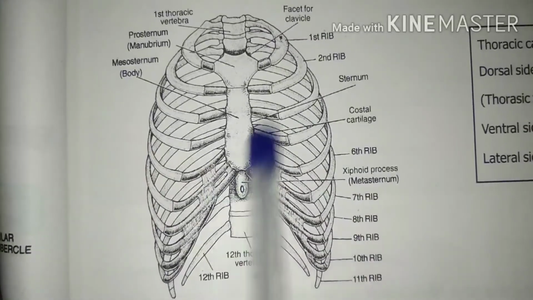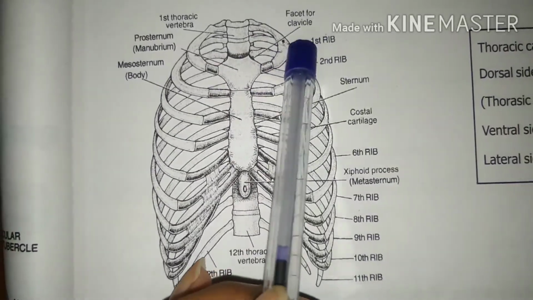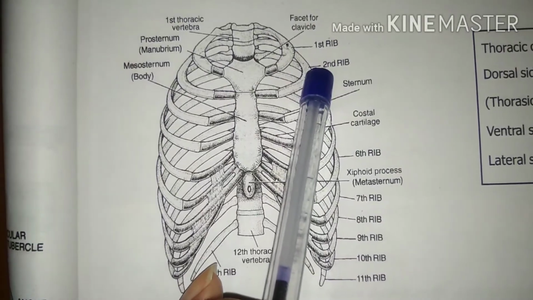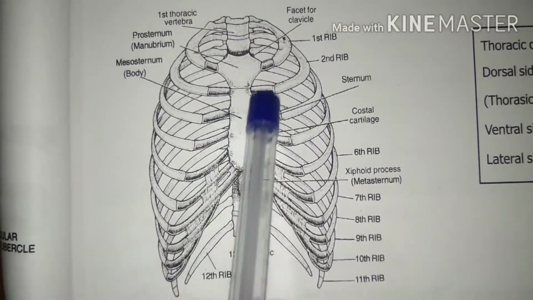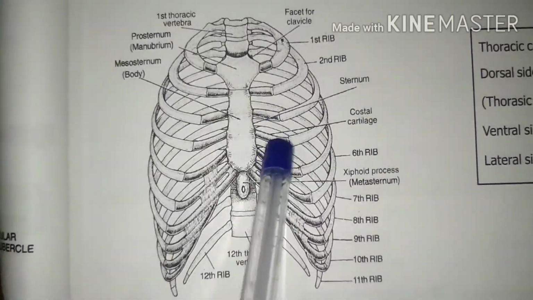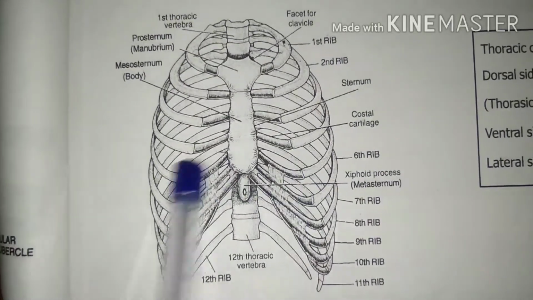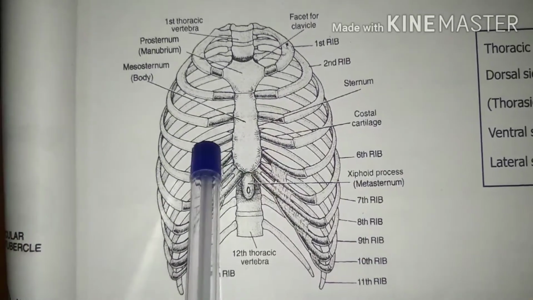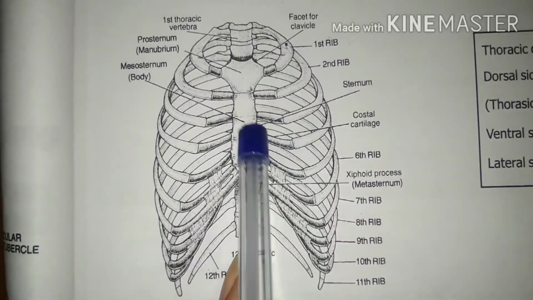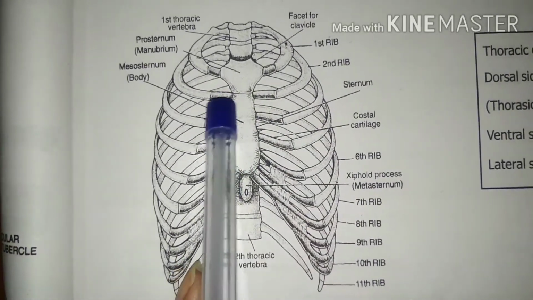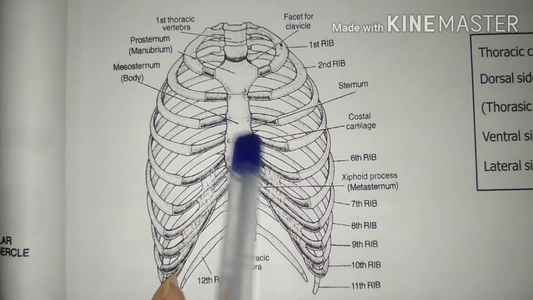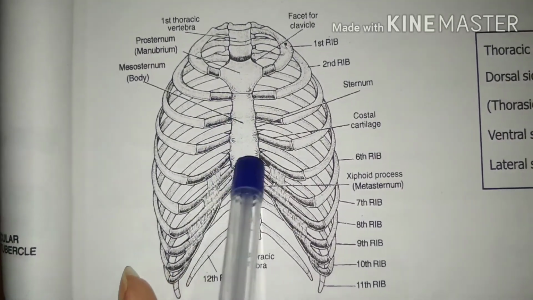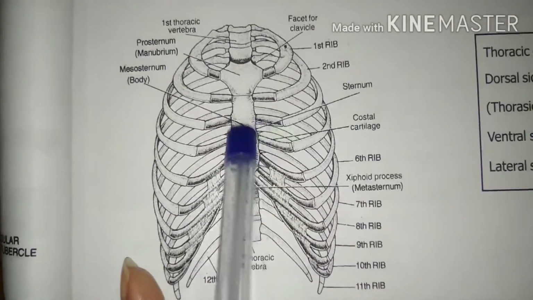Let's see the diagram. First rib, second rib, third, fourth, fifth, sixth. On both sides, 7 pairs of ribs are directly connected with the sternum because on the dorsal surface of the sternum 7 facets are found for ribs.